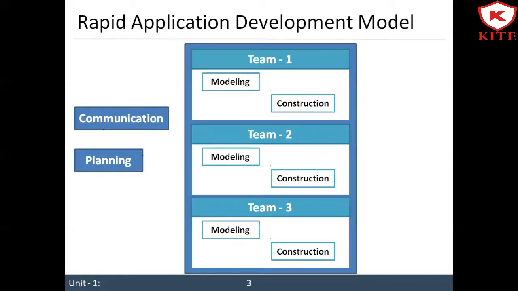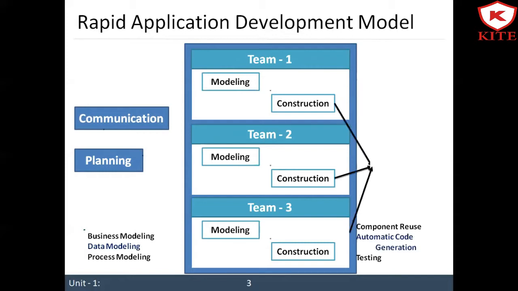What is the meaning of rapid application? All of you know that there are certain procedures in any software development life cycle. So what are the processes?